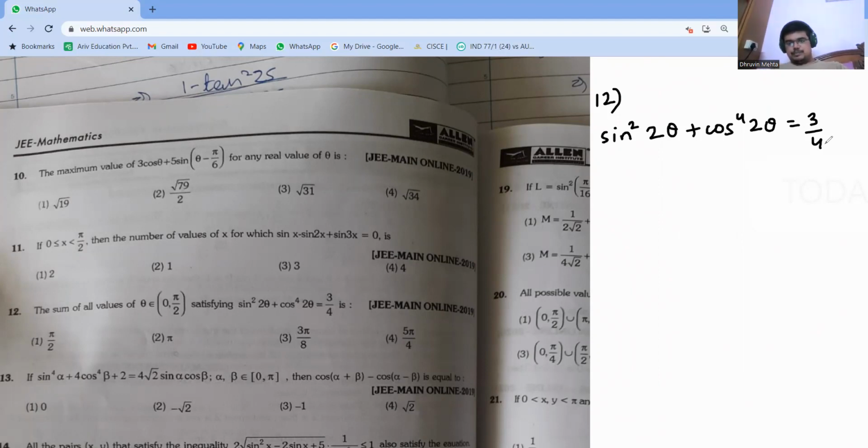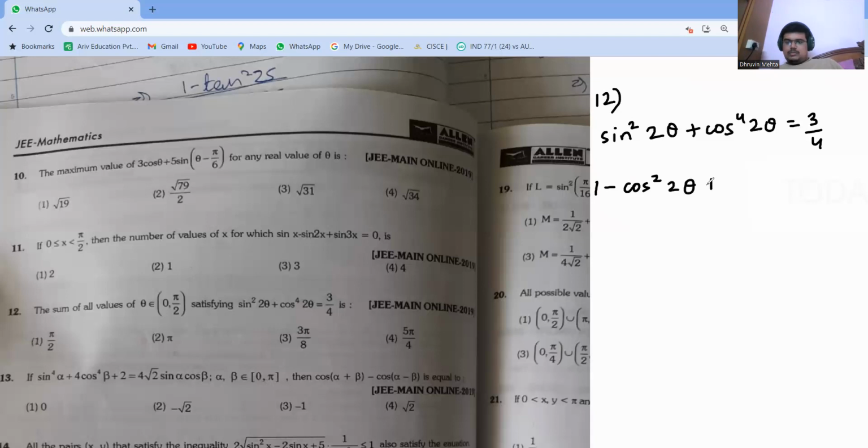We can write sine square 2 theta in terms of cos, which is 1 minus cos square 2 theta.